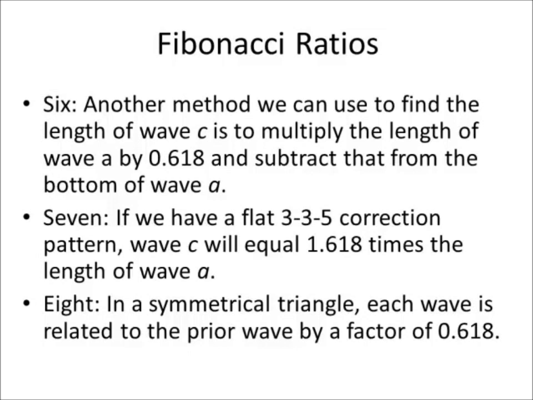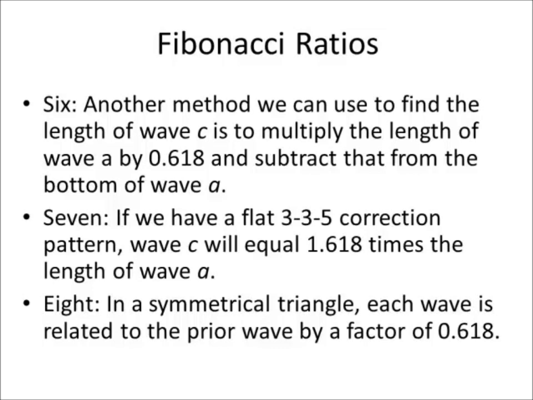Fibonacci ratios, number 6. Another method we can use to find the length of wave C is to multiply the length of wave A by 0.618 and subtract that from the bottom of wave A. Okay, so let's think about how we would do this.